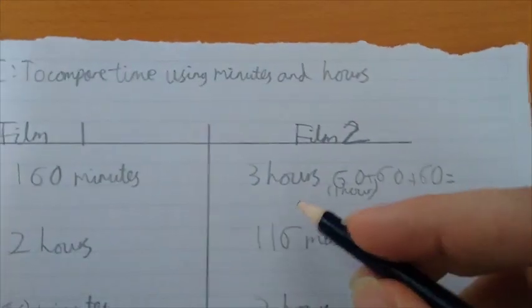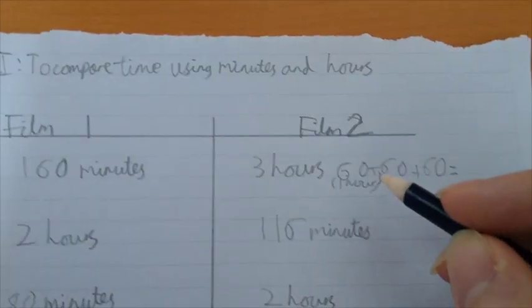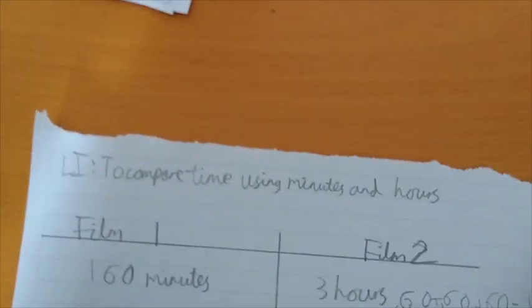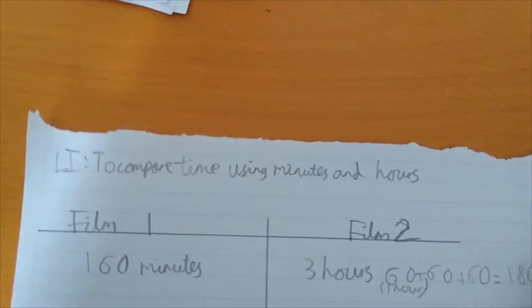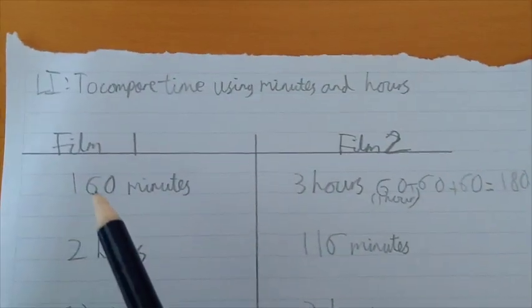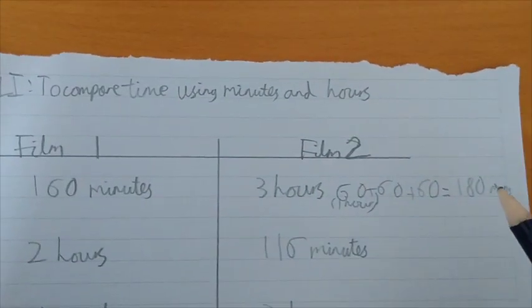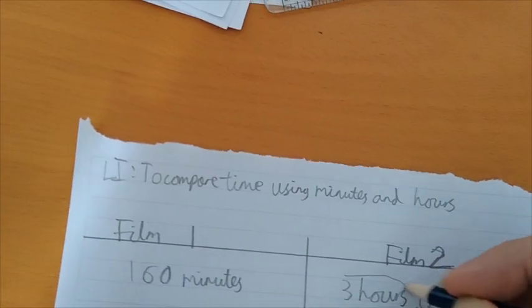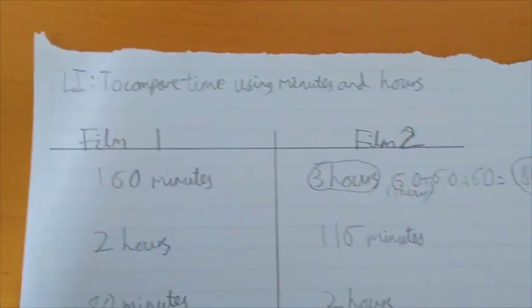So 60 plus 60, which is 120, add 60 to 120 is 180 minutes. So out of 160 or 180 minutes, 3 hours is the longer running time than 160 minutes.